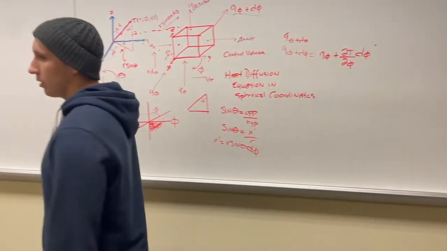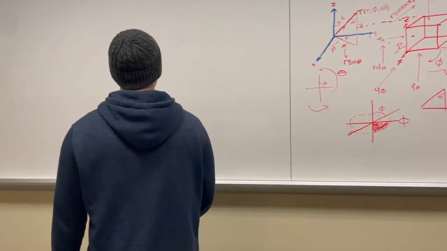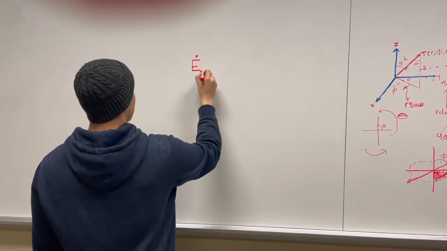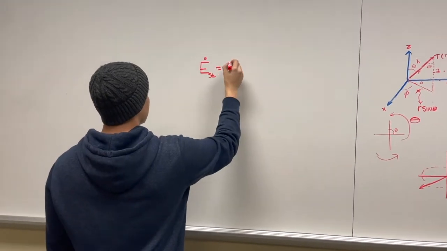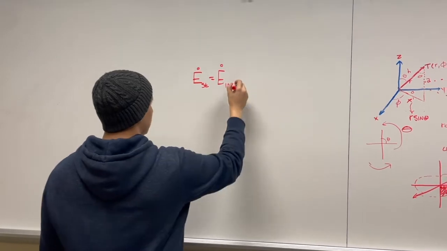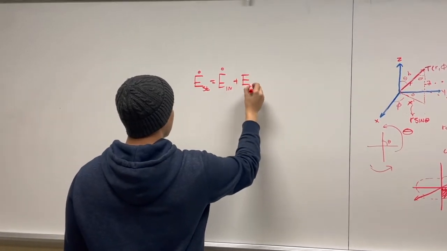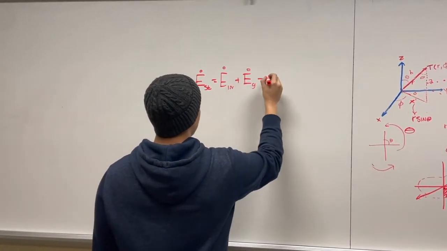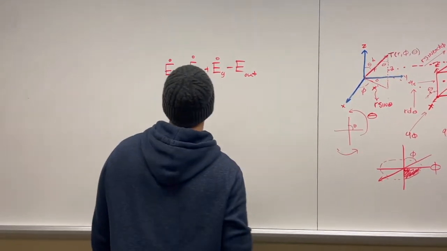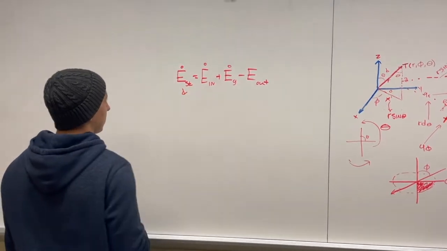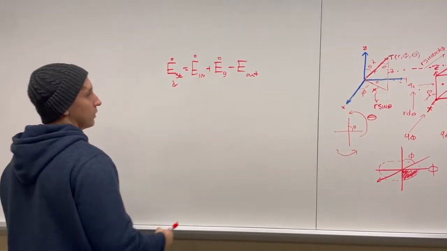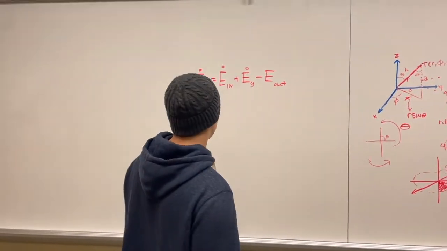Now I'm going to go over here, and for the sake of room, we already knew that the energy stored within our system is equal to the energy going into the system plus the energy generated within our system minus the energy leaving our system. Well, this is going to be almost the same thing that we had for rectangular coordinates, but there's going to be a little bit of a change, because we have it in spherical coordinates.